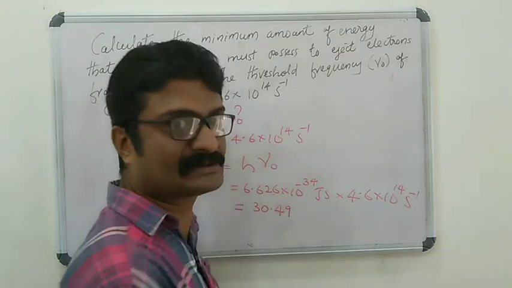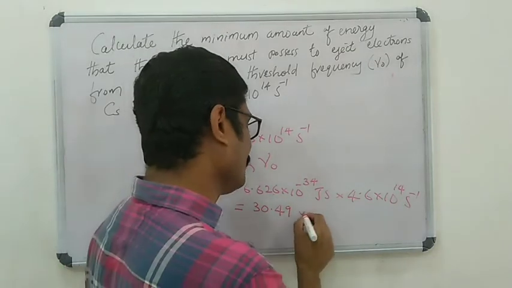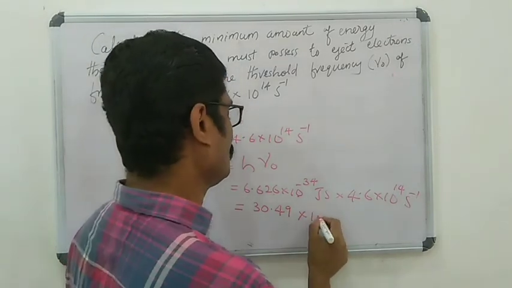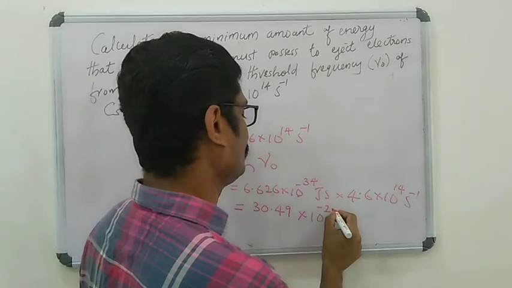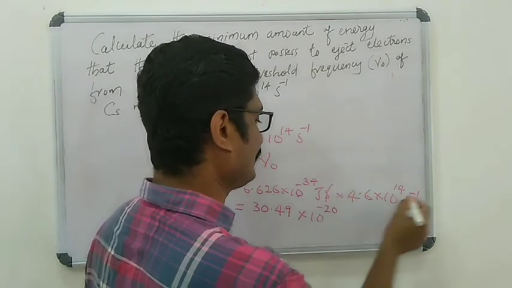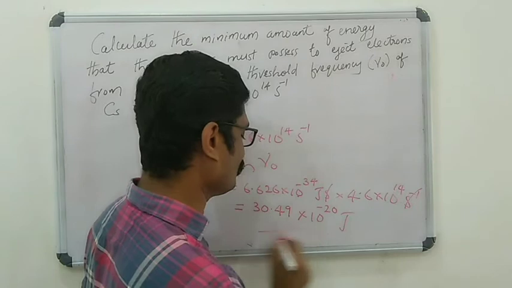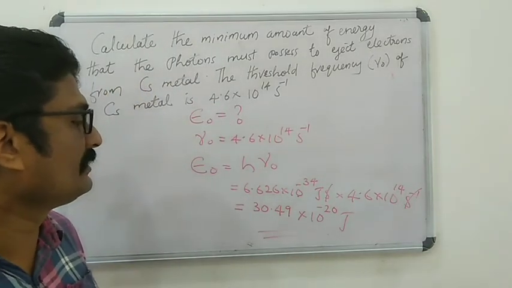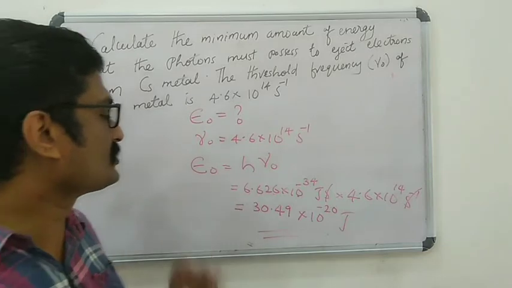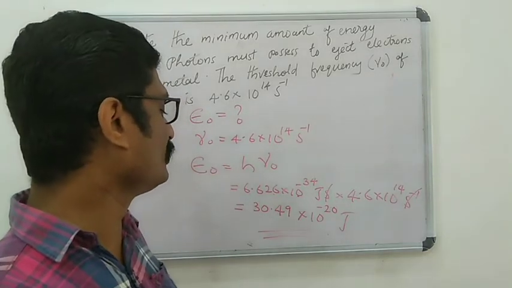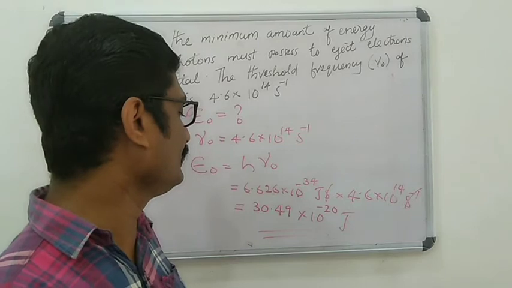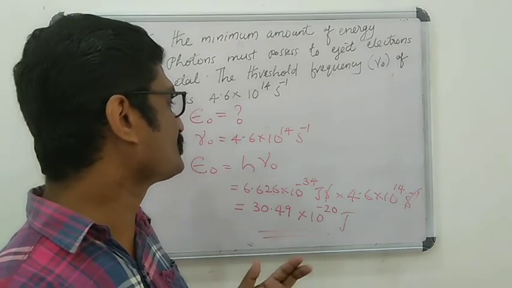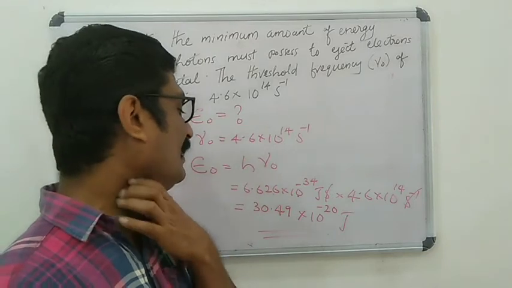Please check the answer. Then 10 raised to minus 34 into 10 raised to 14 is 10 raised to minus 20. Second inverse cancels, the unit is joule. So 30.49 into 10 raised to minus 20 joule of energy is required to eject an electron from the cesium metal.